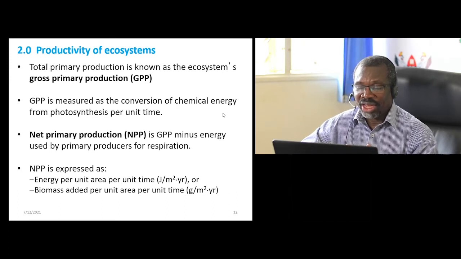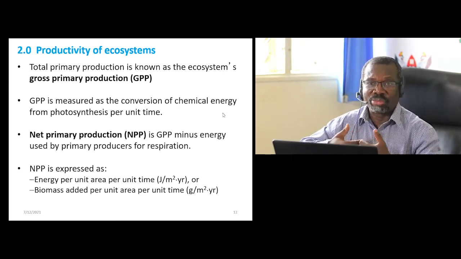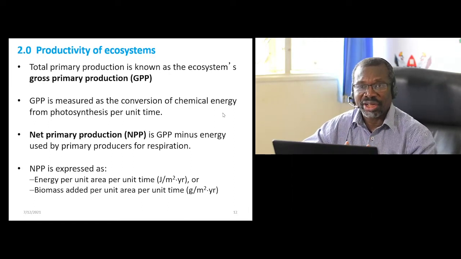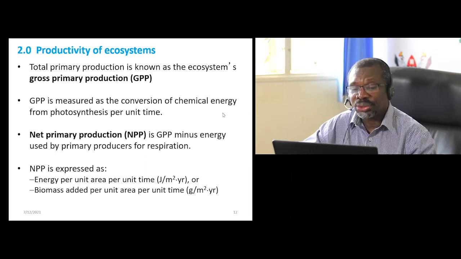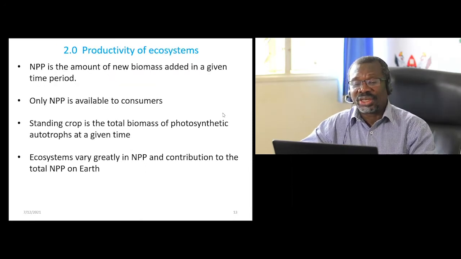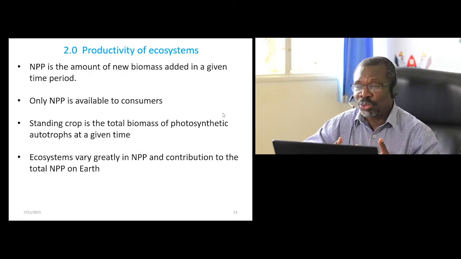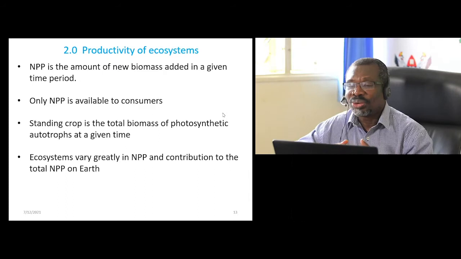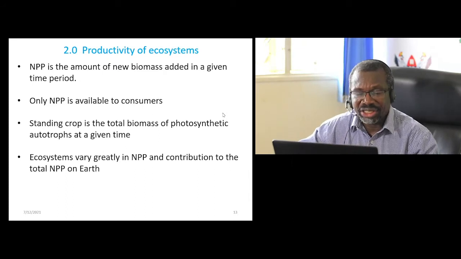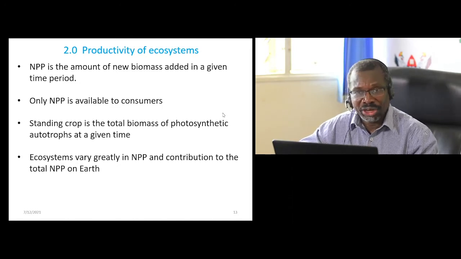So NPP is in terms of biomass per unit area per year. So at a given time, the NPP is basically the amount of new biomass which is added during that time. And we need to note that only the NPP is available to consumers.